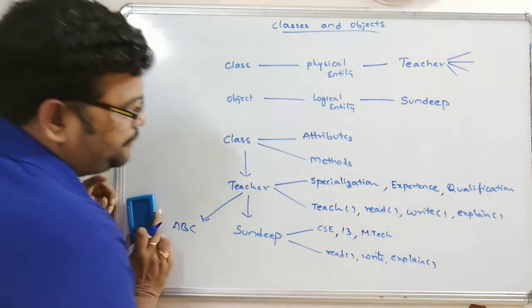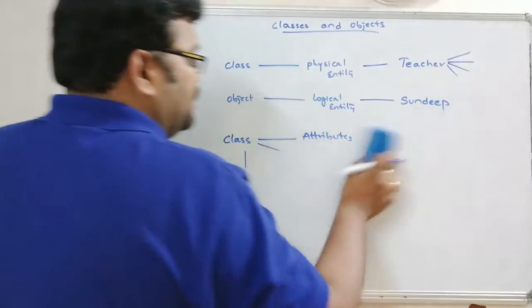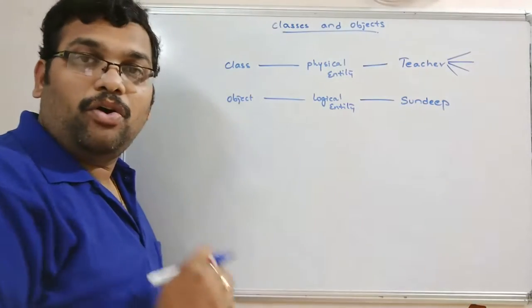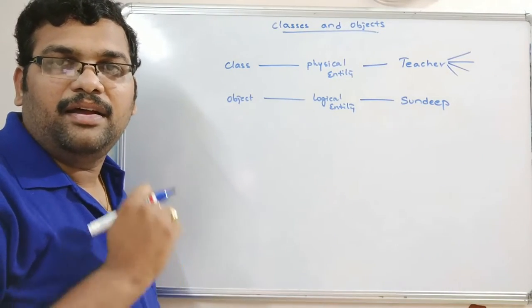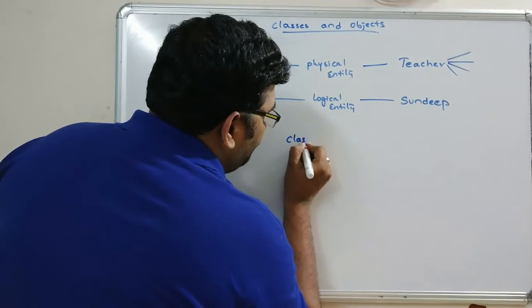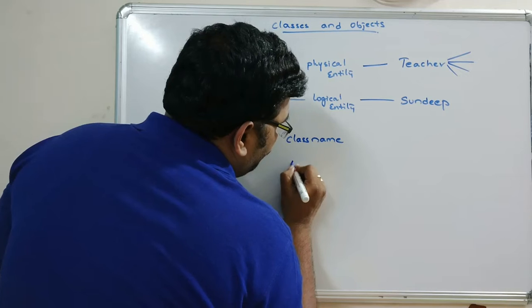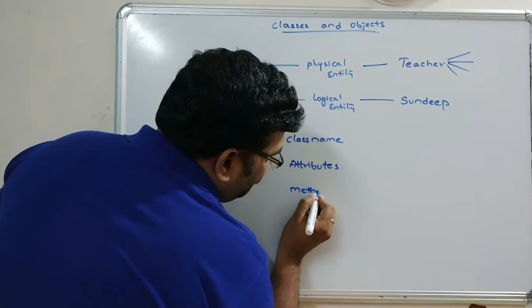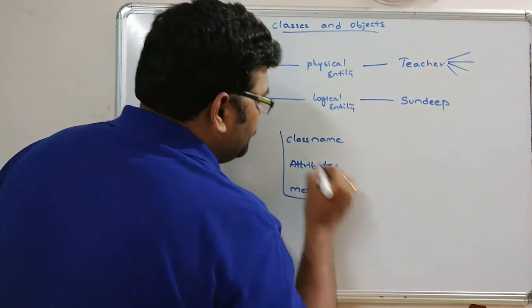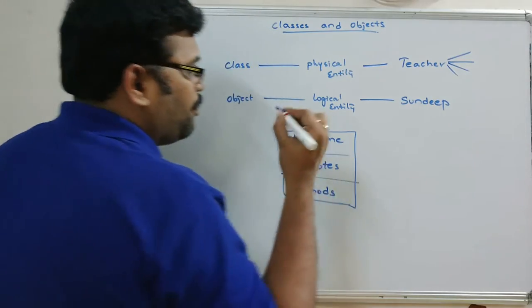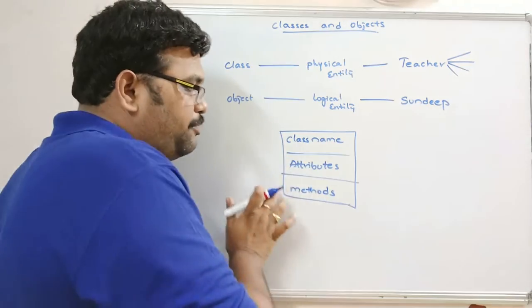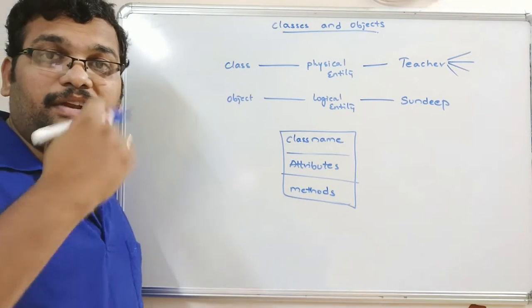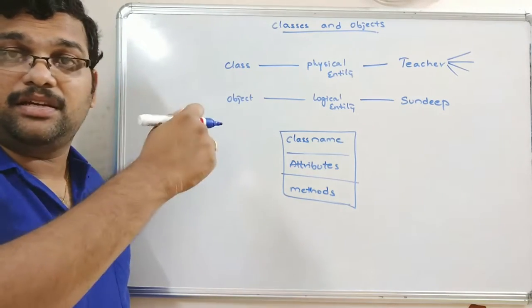Just similar to our structure, a class will also have attributes and methods: the class name, attributes, methods. We can't access these attributes and methods directly, just like a structure. How are structure members accessed?